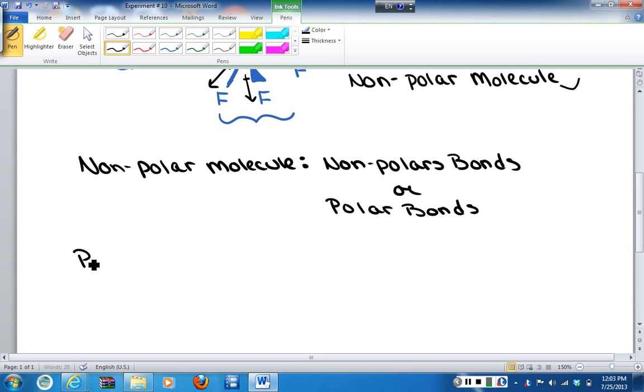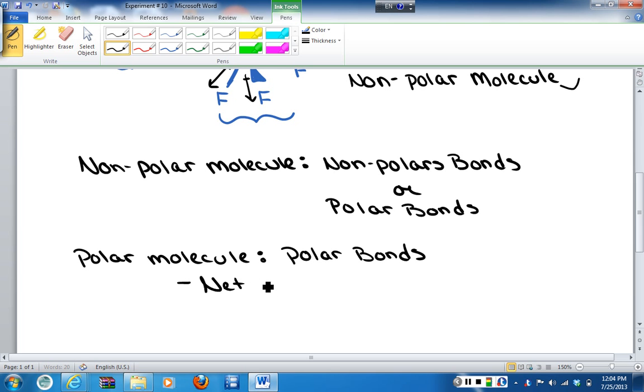When we have a polar molecule, we have polar bonds. Now, this is going to be one of the things that helps you to narrow down what the polarity of your molecule is. Polar molecules means we have a net dipole moment. Nonpolar molecules means we have no net dipole moment.